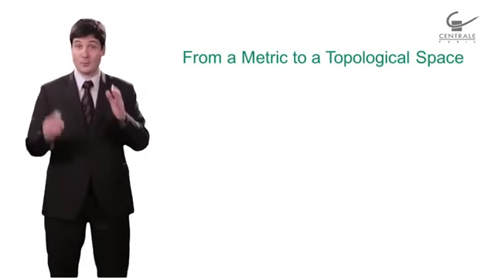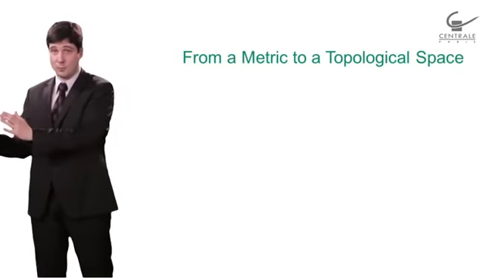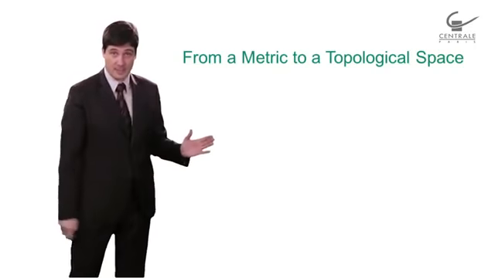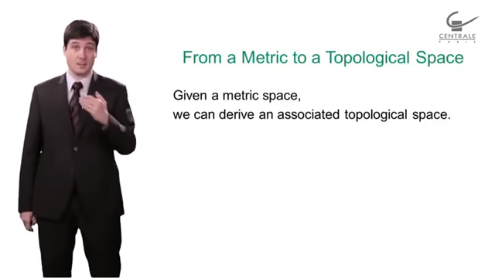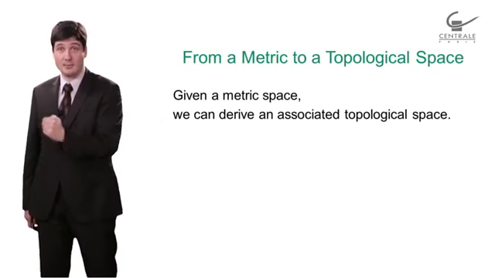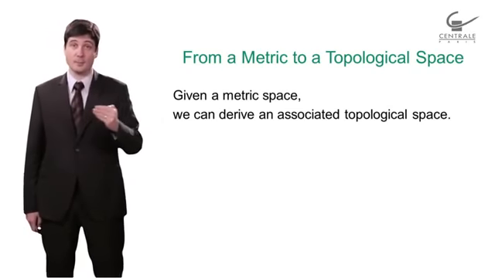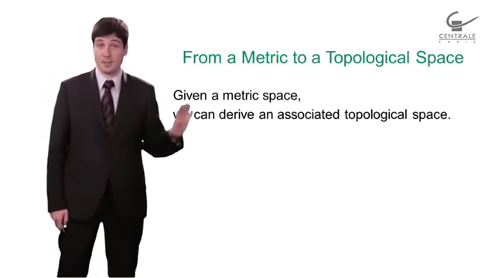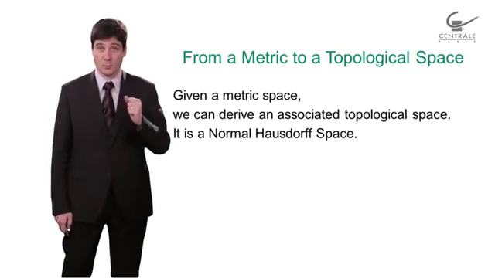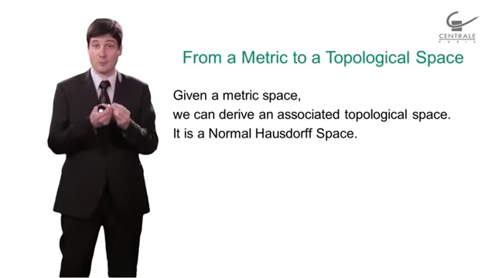All right, so when we have a metric space, we can derive a topological space. That is simply using the definition I just gave you based on the open balls. And this topology is a Hausdorff space, which means that it has some properties.